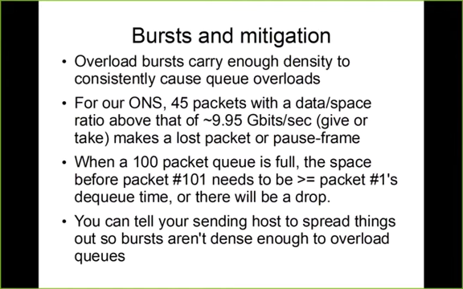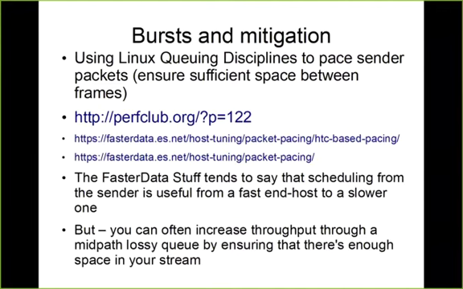So overload bursts carry enough density to consistently cause queue overloads. Pacing sender packets, a.k.a. ensuring sufficient space between frames, is explained kind of breezily by me in the Perf Club post, and then better in the FASTER Data material, which has been updated in the last year.